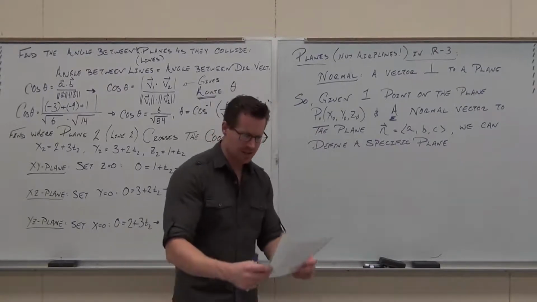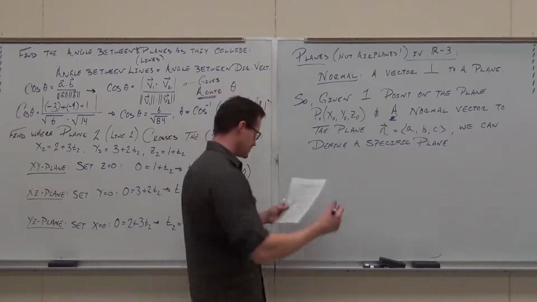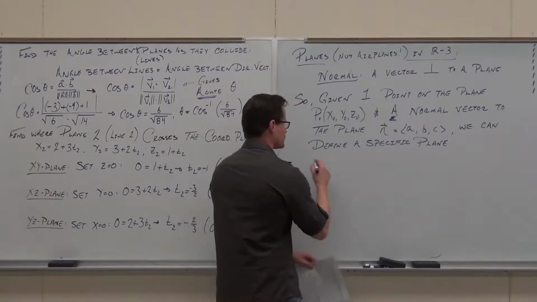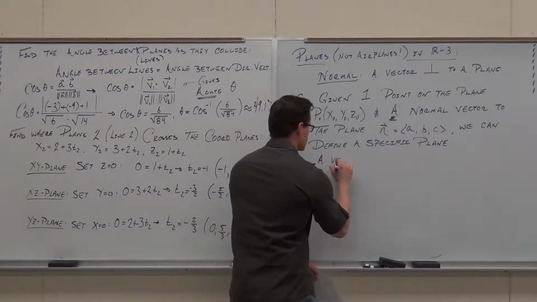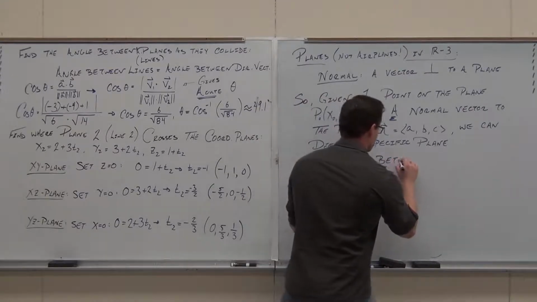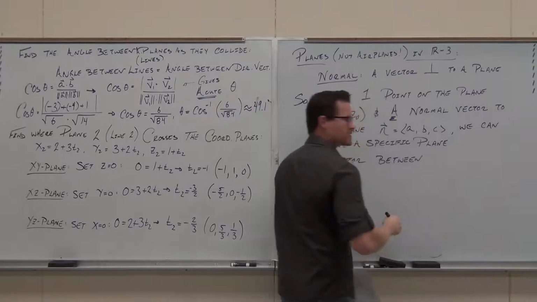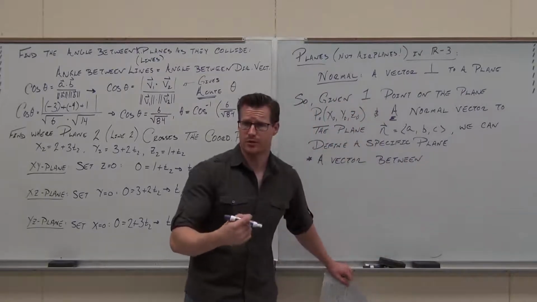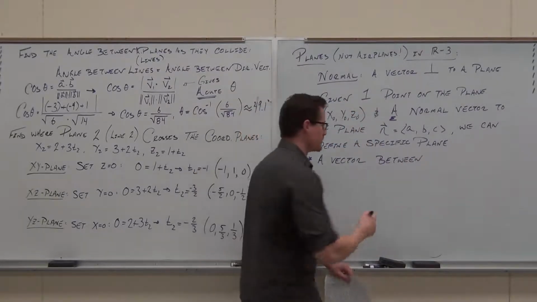So we're going to take any vector in the plane. It's going to look a lot like the line, so I'm going to move a lot quicker through it, but it's going to look very, very similar.